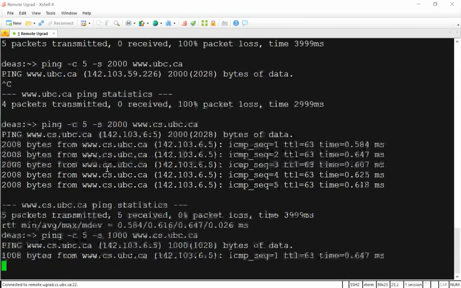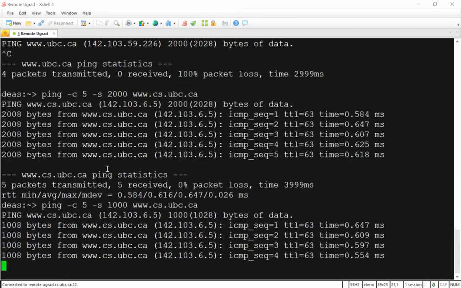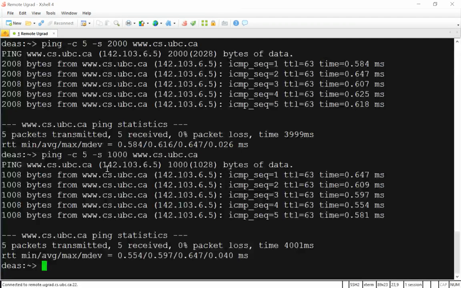If this reminds you a little bit of traceroute, well, it's kind of similar to traceroute, except we're not setting the time to live. This time here, you'll notice 0.6 milliseconds, 0.5 milliseconds. When we did the other one, we got something like 1.3 milliseconds or 1.13 milliseconds to get to the other server. This one we got 0.6 milliseconds. So the latency to this server is less than the latency to the other server.